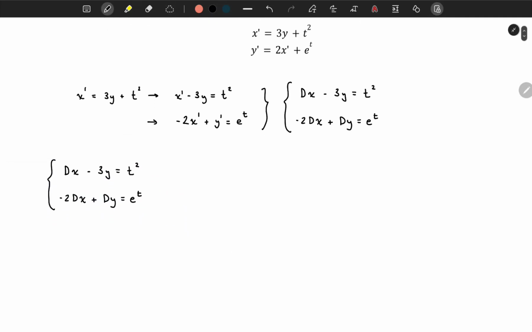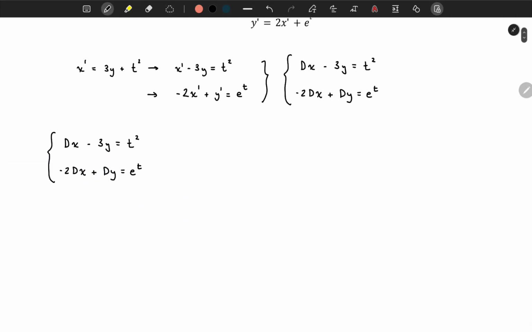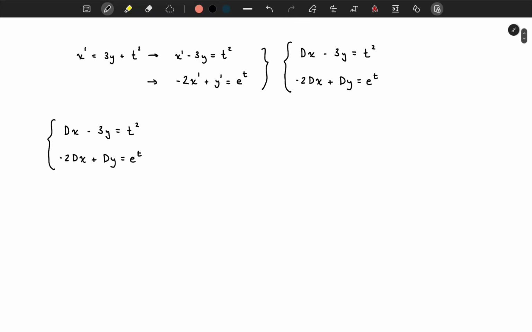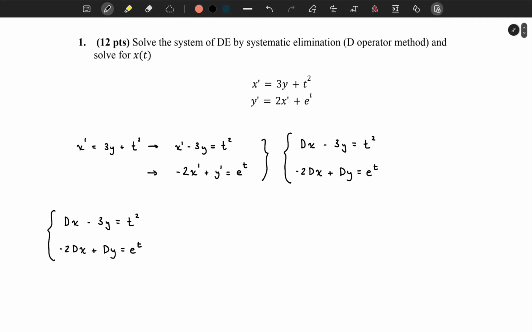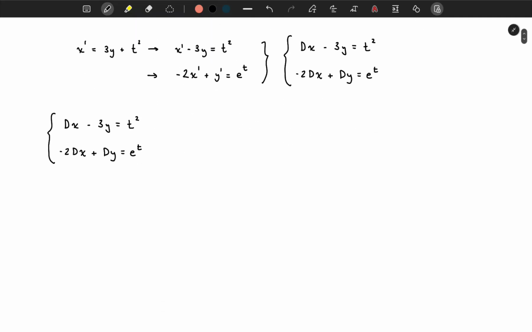Now we want to do a systematic elimination such that we are only left with x's in the equation, allowing us to solve for x of t. So what can we do here? Well, we can multiply certain things to eliminate. We want to get rid of the y's. Here we have a plus Dy, and here we have a negative 3y in this equation.